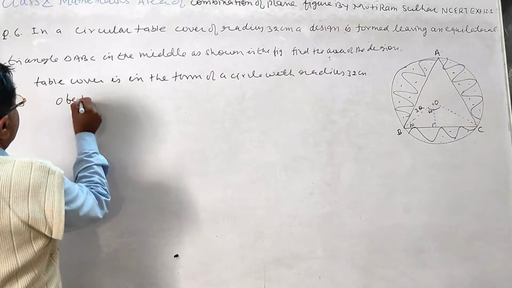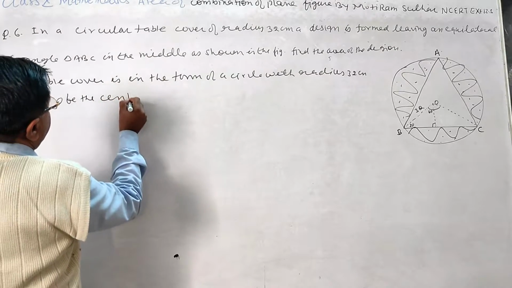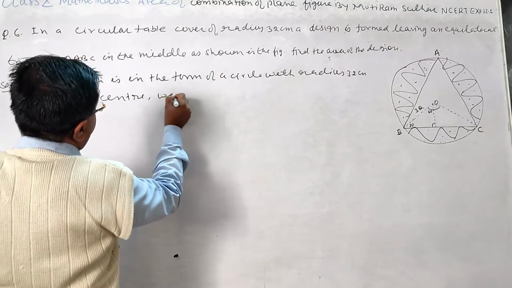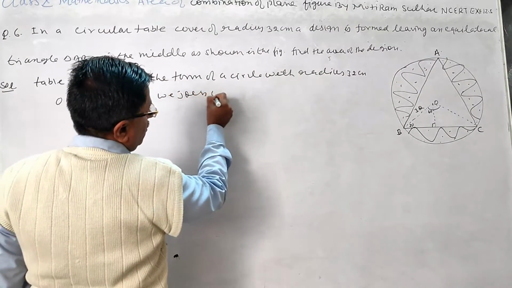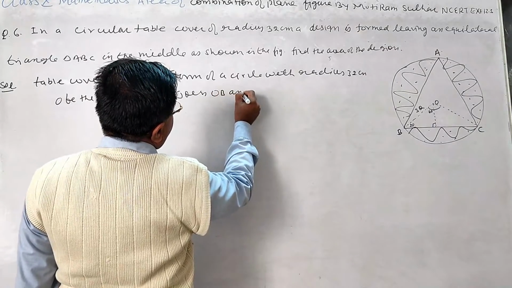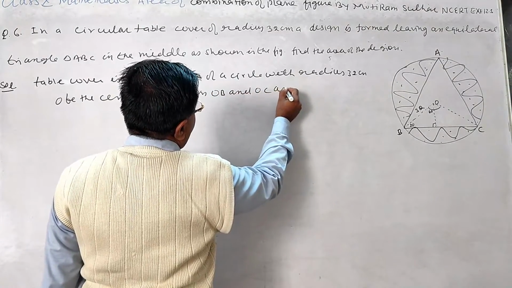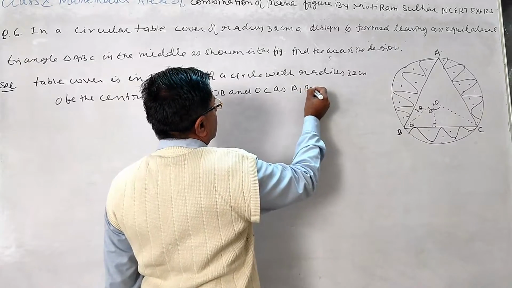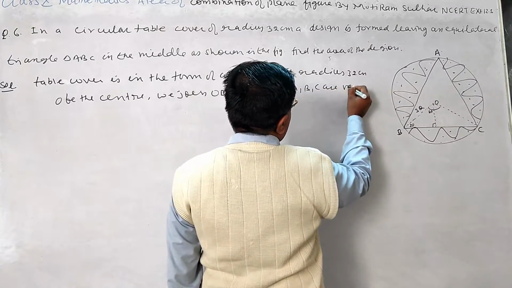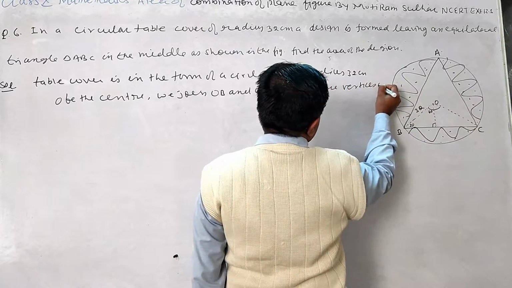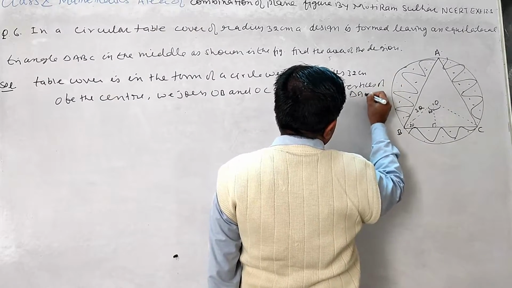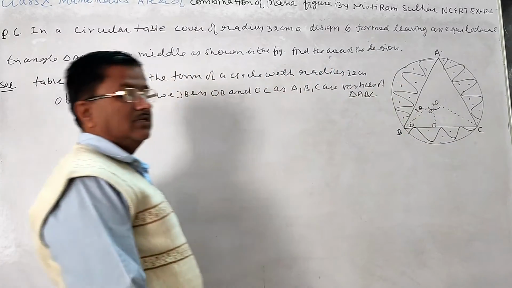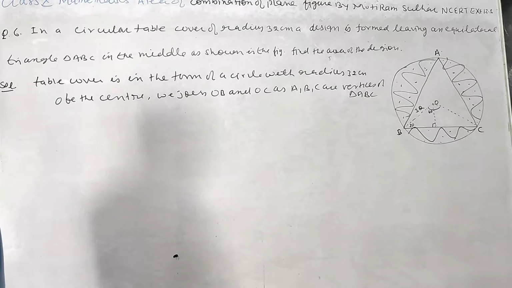O is the center. So we join OB and OC, as A, B, C are the vertices of triangle ABC. These are the vertices of the triangle, so we join this.